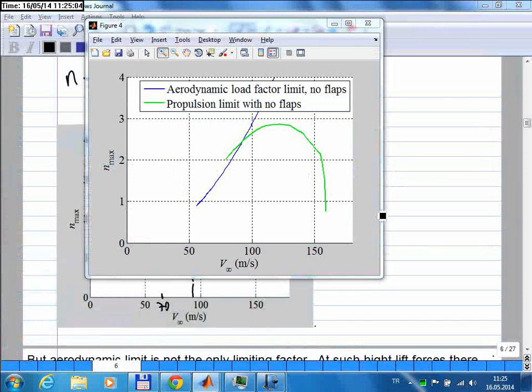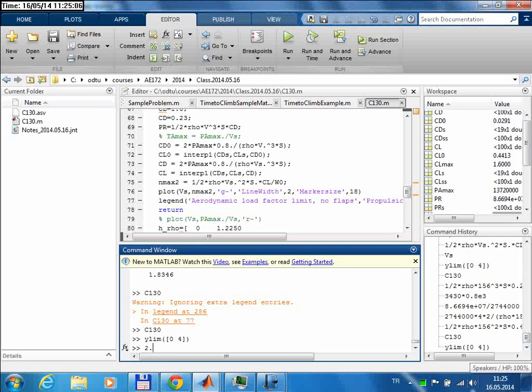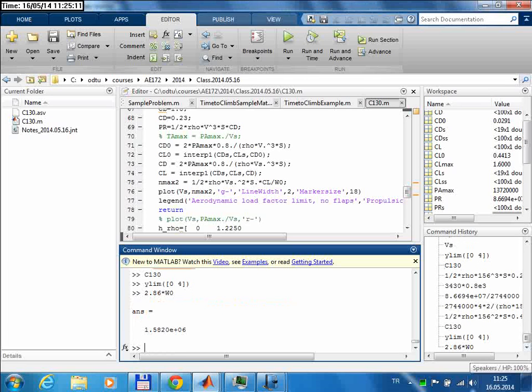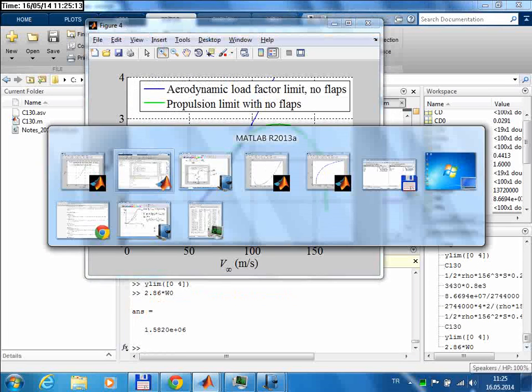So the lift force should be 2.86 times 1.5 million newtons.